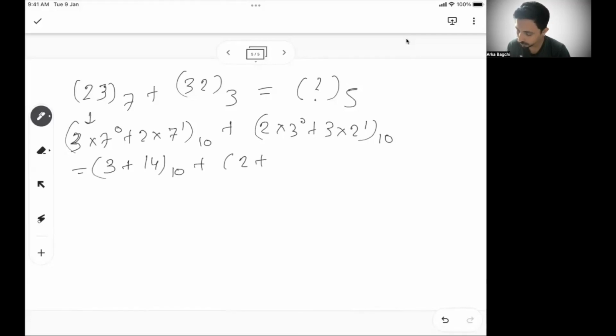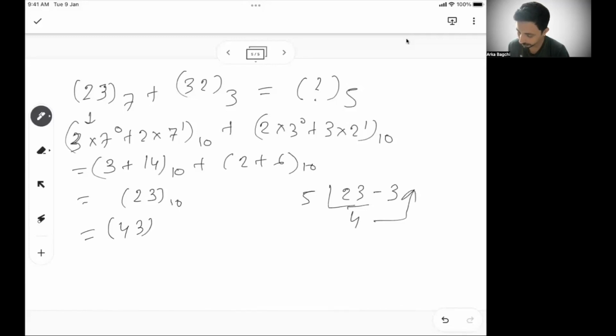And this is 2 plus 9 in base system 10. 17 plus 11 is basically 28 in base system 10. Now you know the value in base system 10, you have to see what it is in base system 5. So start dividing by 5. This means it will be 43 in base system 5.